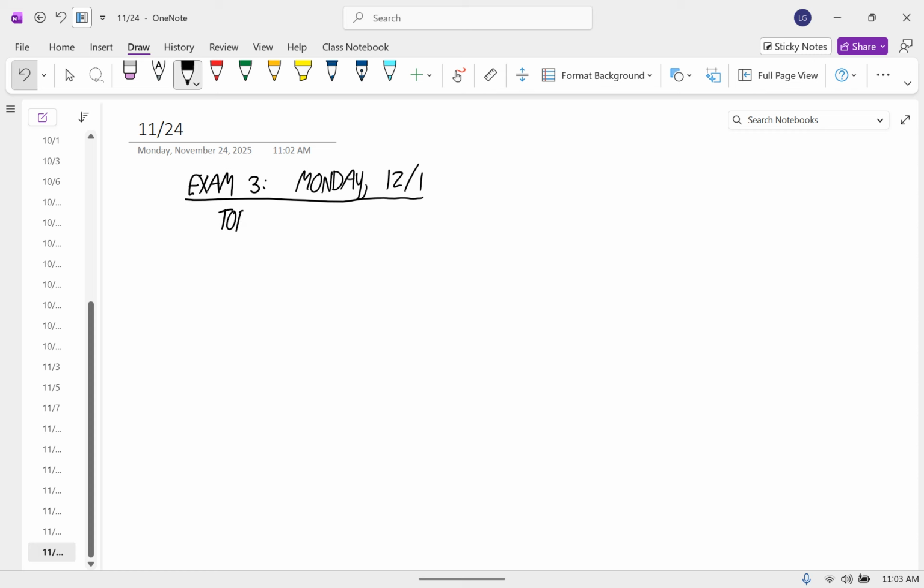And the topics are everything up through structures. So no internal loads.